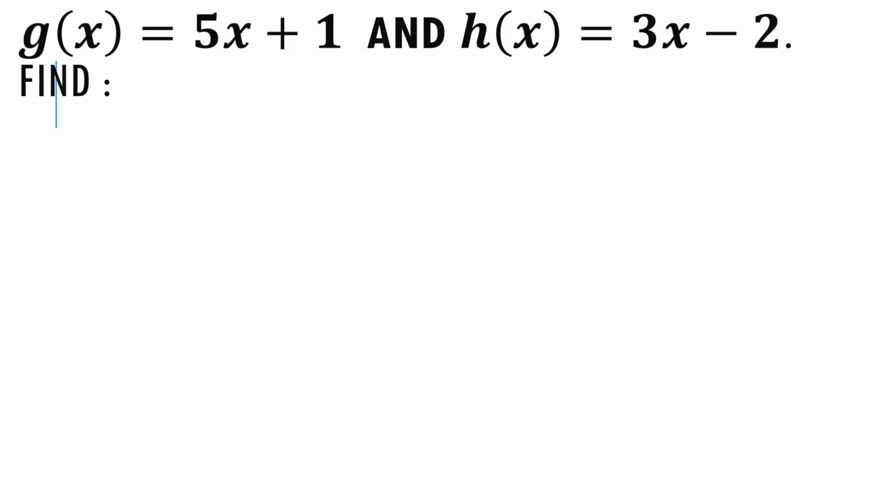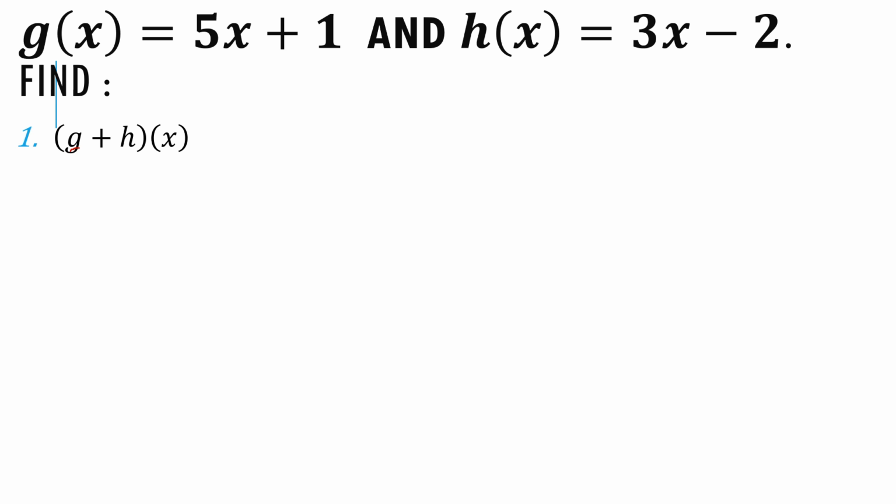Ito na ang examples natin. Ang given, g of x is equal to 5x plus 1, and ang h of x naman is equal to 3x minus 2. Find, ayan, number 1. I-add lang natin kasi plus. So, g plus h of x, anong gagawin? So, ang g, kukopyahin lang natin, which is 5x plus 1.